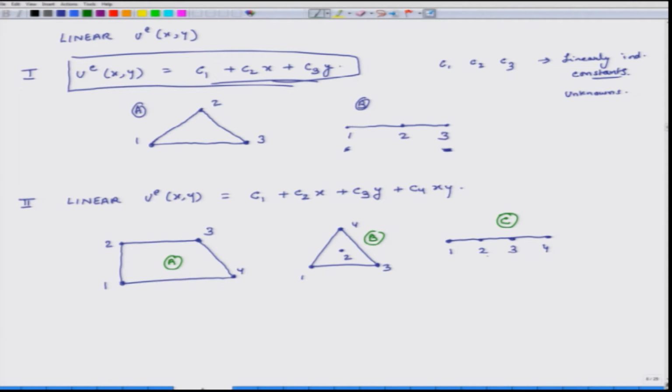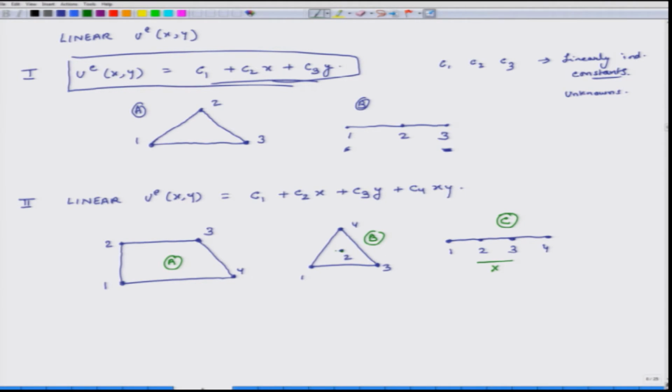Now, if we consider case C, the values of u at 2 and 3, if it is a linear variation, then it is not linearly independent of 1 and 4, right. So, this is not a valid option. The same thing is true for case B also, where the 4th node is located at the centroid of the triangle.